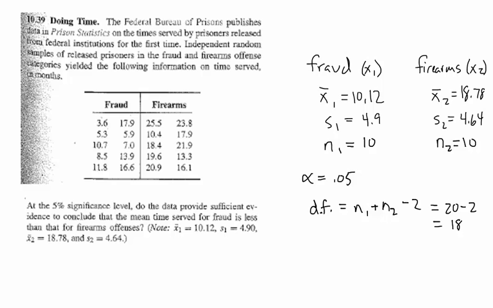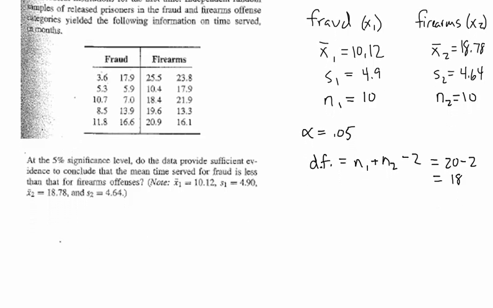So the first thing that we're going to want to do is create our null and alternative hypothesis, H0 and H1. They told us that they want us to conclude that the mean time served for fraud is less than that of the firearm offenses. So that's what I'm looking at when I'm deciding my H1.